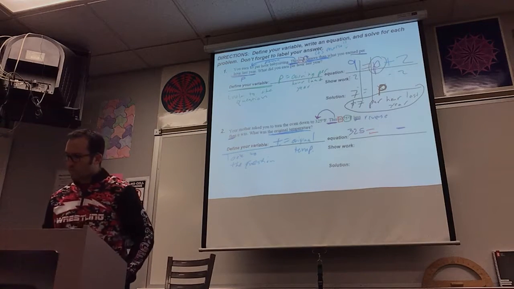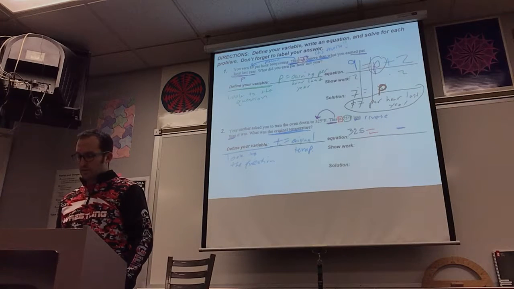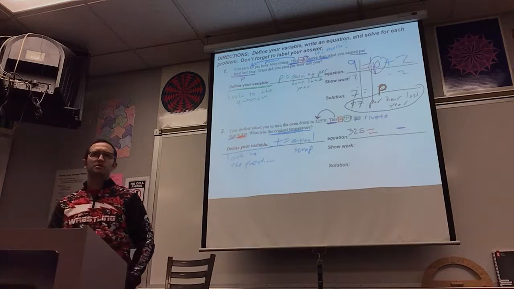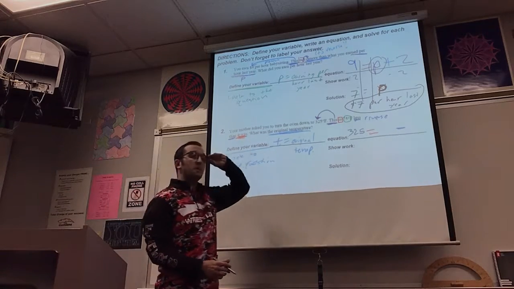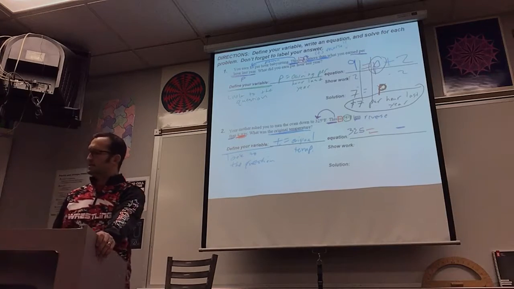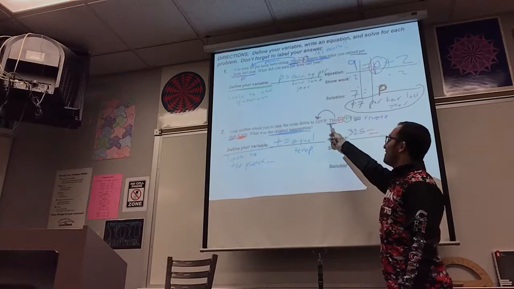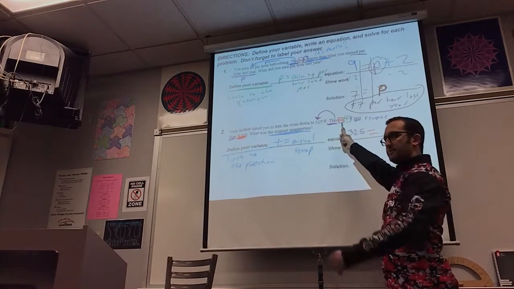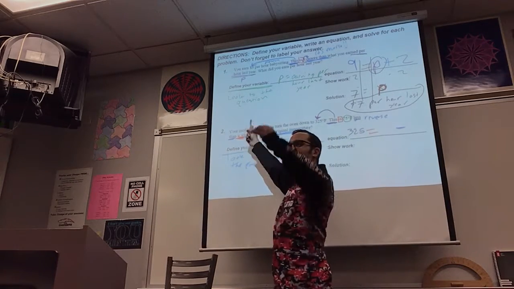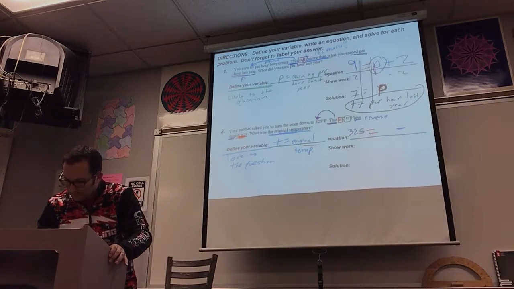What does it was refer to? No, we actually already identified that. Notice we already identified the 325 as this. It was a different temperature, right? It was an original temperature, so that's going to be our T.